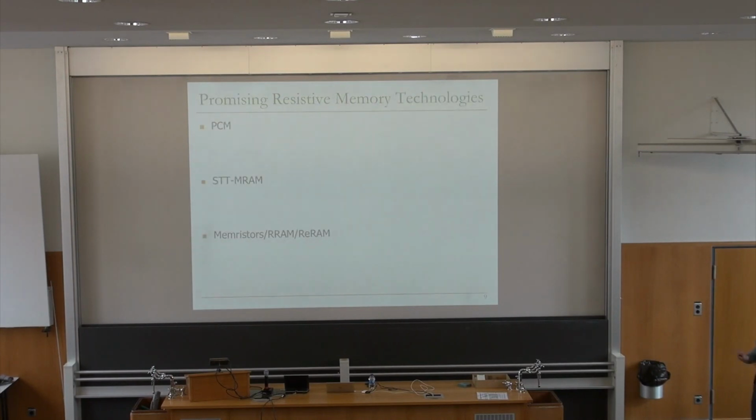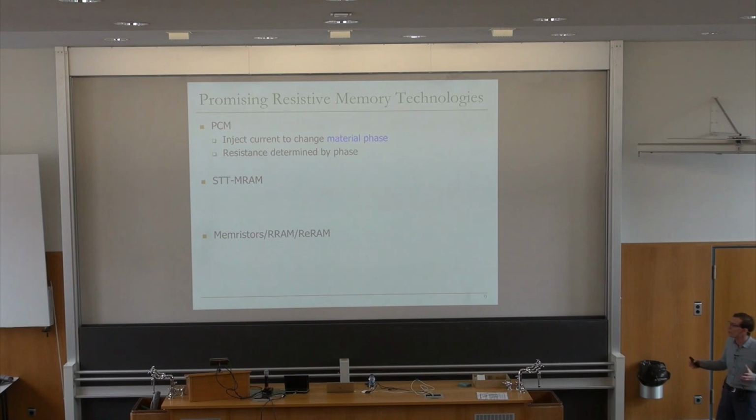Okay, so there are some promising technologies. This is not a comprehensive list. This is a list that's interesting to me especially, but there are other technologies over here that could be added. I may mention some of them. But phase change memory is something that we're going to spend a lot of time on. Basically, this is a technology where you inject current to change the phase of some material.